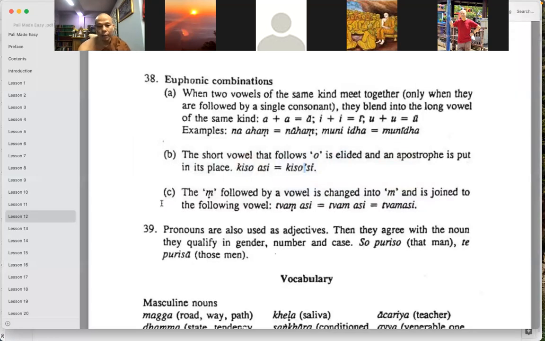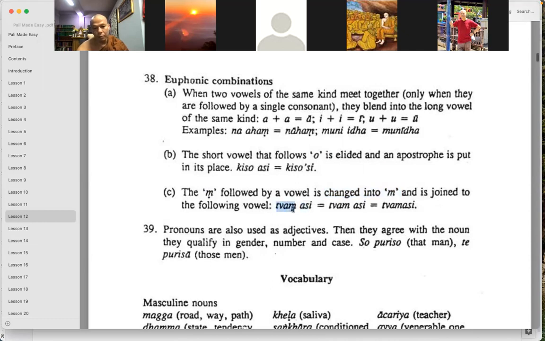And then another piece of information: the niggahita, the nasal sound, followed by a vowel. That means the first word is ending in the niggahita and the following word is starting with a vowel. At that time, that niggahita is changed to ma. Here, an example is tuam asi.